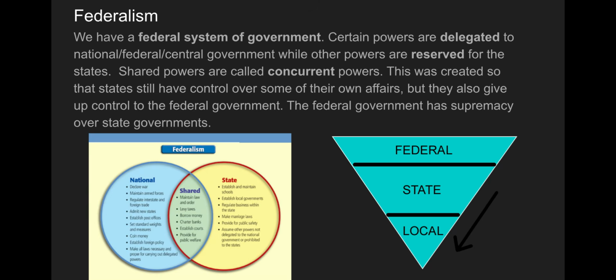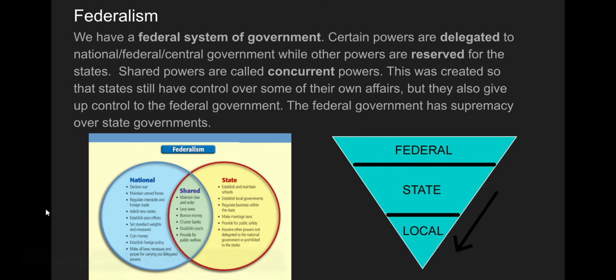They're set aside just for the states to control. Anything they do together, any shared powers, are called concurrent powers. This is created so that states still have control over some of their own affairs, but they're also giving up some control to the federal government. The power of the federal government comes from the states. The federal government ultimately has supremacy, however, over state governments.